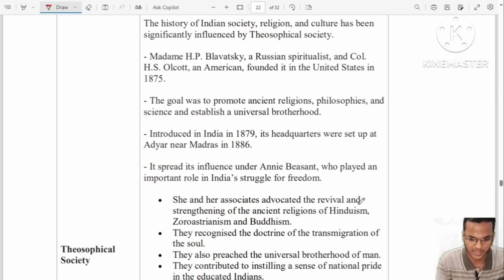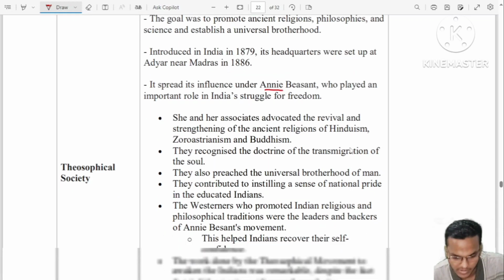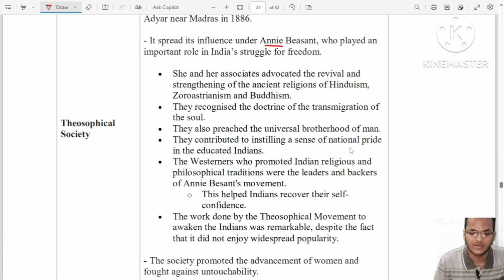Then next, the Theosophical Society under Annie Besant. The Theosophical Society was first started in America by H.S. Olcott and H.P. Blavatsky. The goal was to promote ancient religion, philosophy, science, and universal brotherhood. In India, it started under Annie Besant.